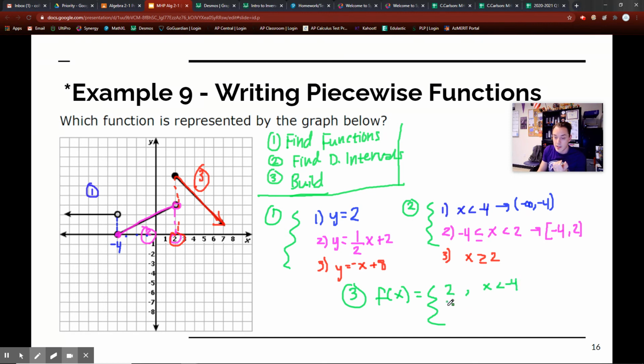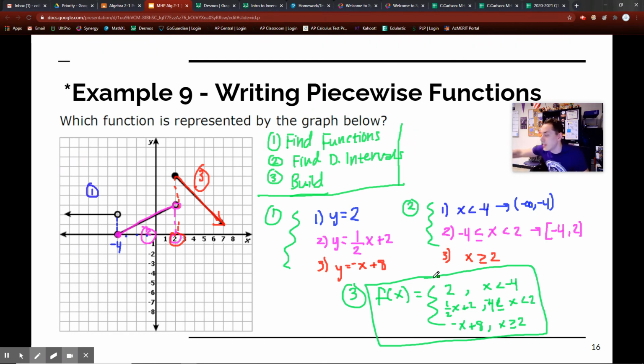This one is 1/2 x plus 2, where negative 4 is greater than or equal to x, but at the same time less than 2. Okay? And this one is going to be negative x plus 8. And then, of course, x is greater than 2. This is my final answer.